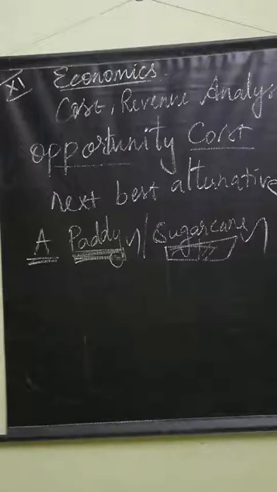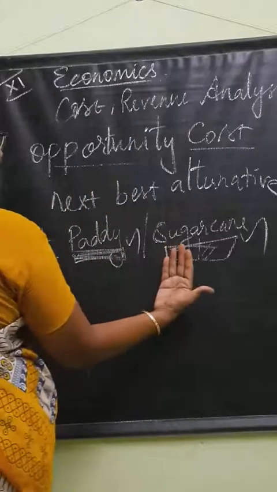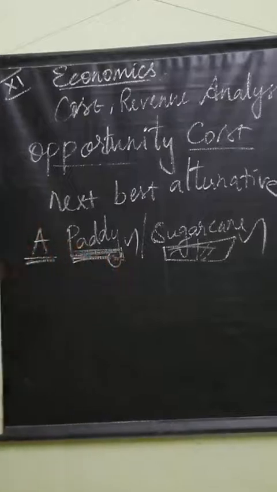Instead of studying, you are going for a movie. If you go for a movie, you are giving up studying. By giving up the studying, you are going to lose marks. That is opportunity cost. So, by using the next best alternative, he has to give up something.